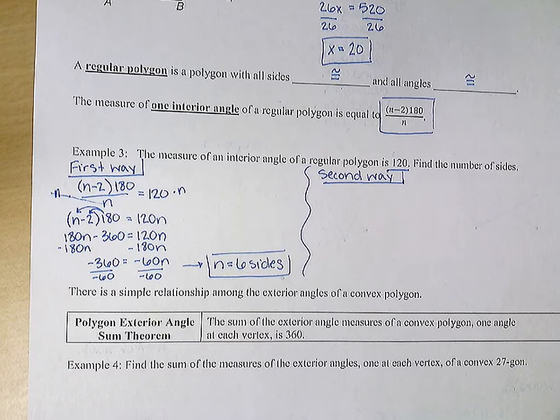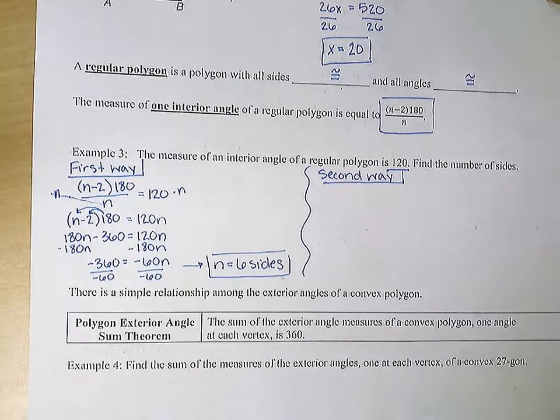If I have 6 sides, what type of polygon is that? It's a hexagon. Okay, so that's the first way. I'm going to go through the next little section there before I show you the second way.